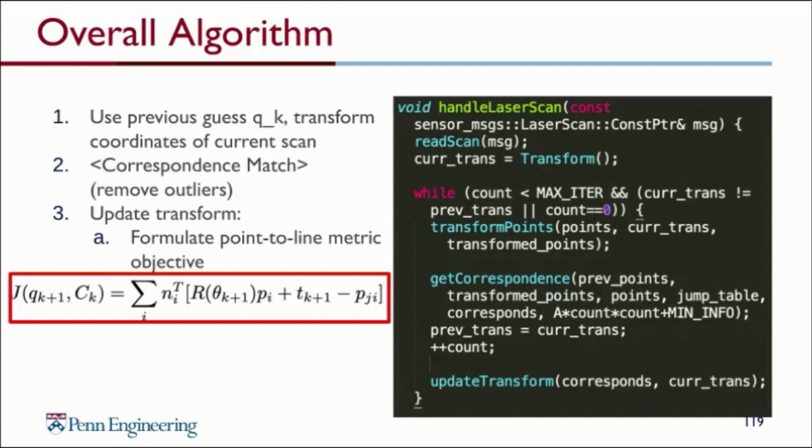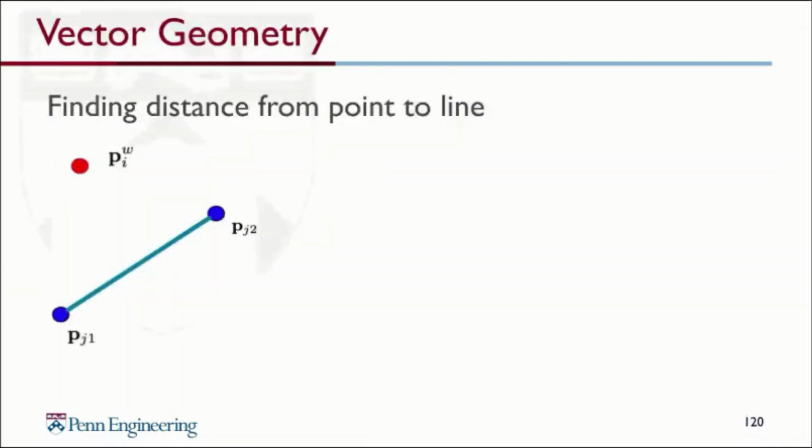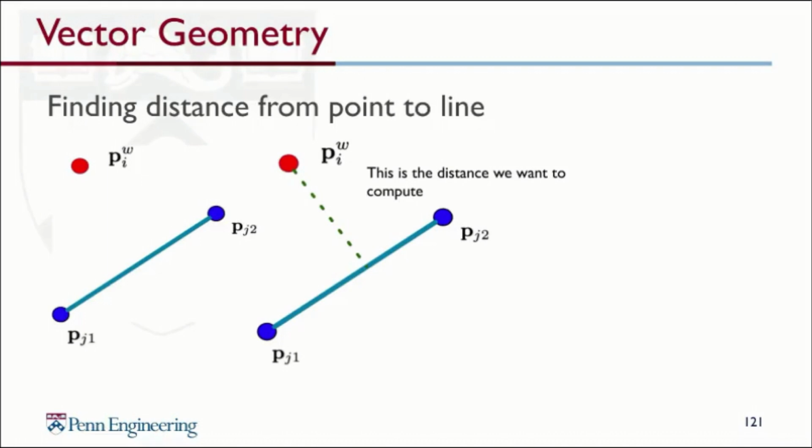Now, this may look very complicated, but in fact, we can understand this if we recall some basic vector geometry. So let's say that we're given the point p i of w and the line segment p j1 to p j2. If we want to be able to find the distance from the point to the line, we have to define what this distance is.